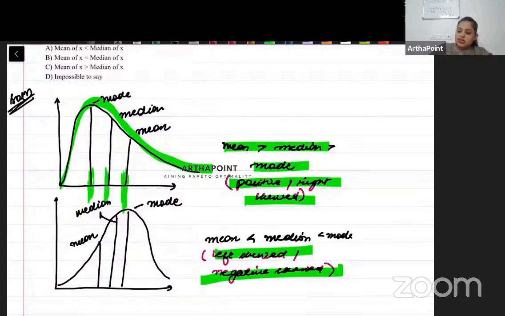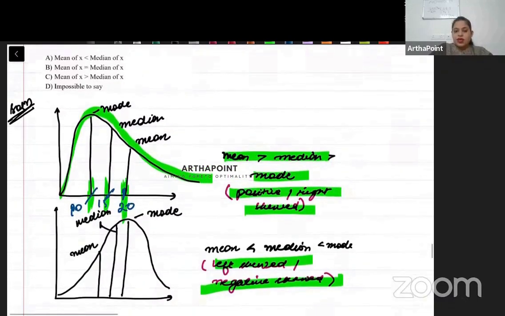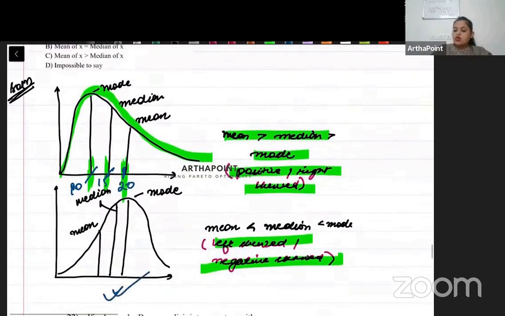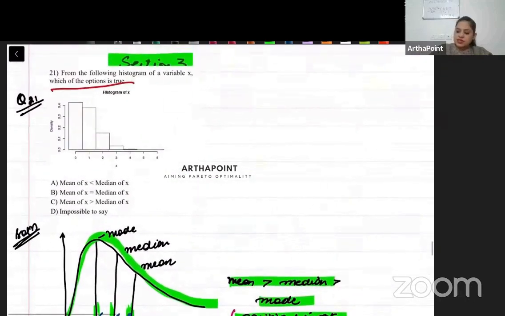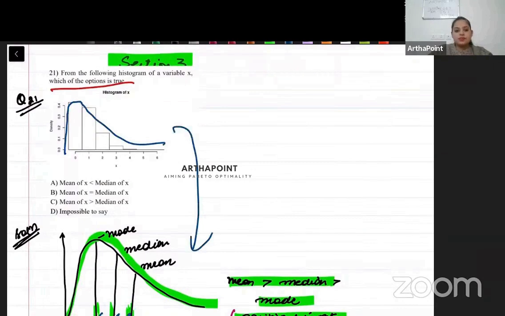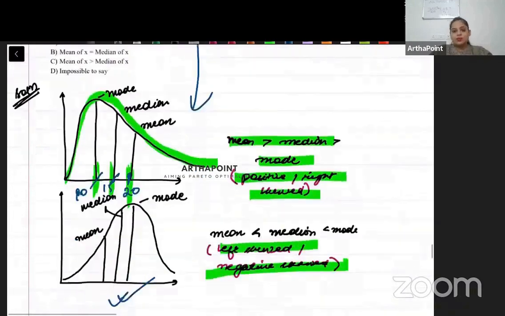Suppose mean can be 20, median will be 15, mode can be 10, right? So mean is greater than median is greater than mode. And in the negatively skewed, it is opposite. Now come to this diagram and see. This diagram looks like the first one, right? So mean is greater than median is greater than mode.